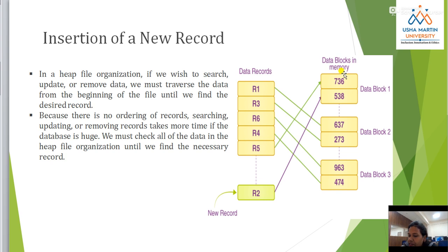If there is space in that data block, I directly insert it at the end of data block 1. Likewise, if there are records R7, R9, R11, R10, we insert those in the different data blocks, data block 2, data block 3, randomly. Randomly we insert at the end of the data block, and no sorting or arranging of records happens here.